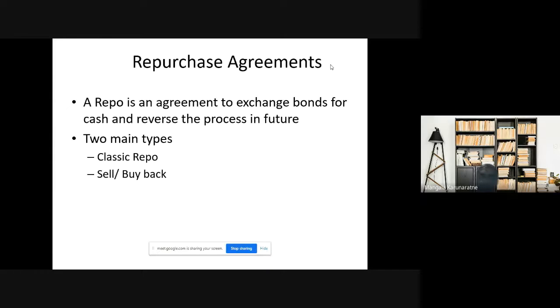Maybe 99% of Sri Lankan market repo transactions are based on bonds, right? There are some bills and other securities, but you find those very seldom.